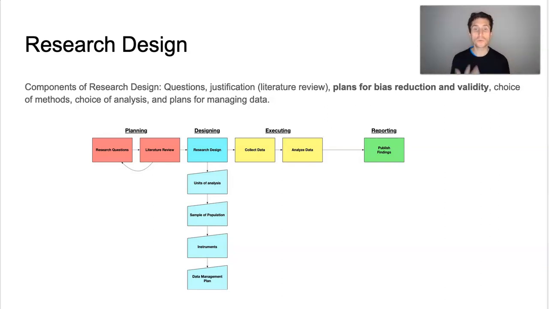We're going to talk about units of analysis. We're going to talk about how we move to a sample of a population. And we're going to talk then about data management plans and instruments as we start to explore the way that we execute a research project. In the execution phase of a research project, that's when we're actually collecting and analyzing data.